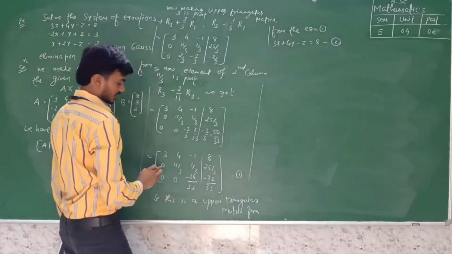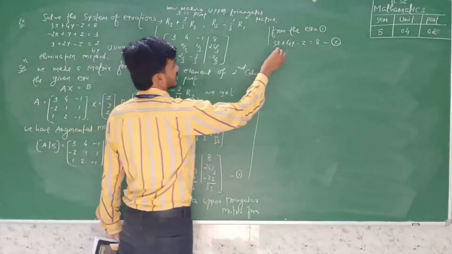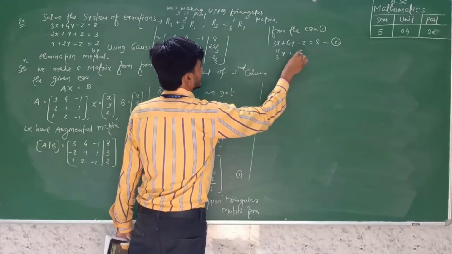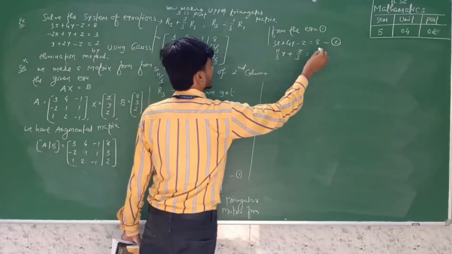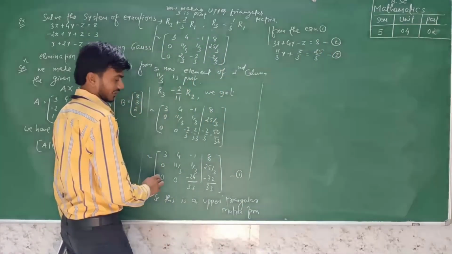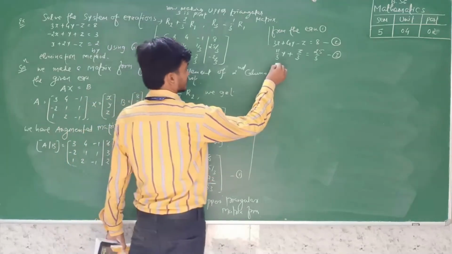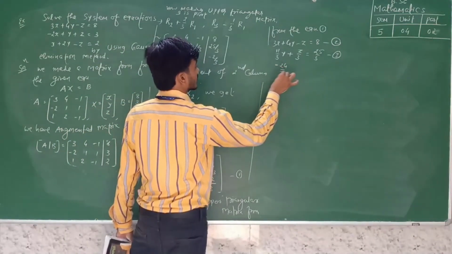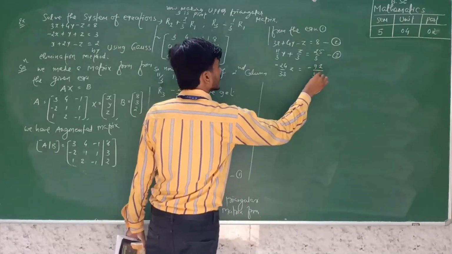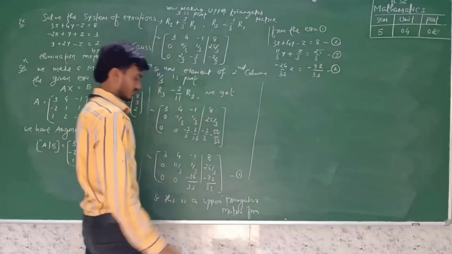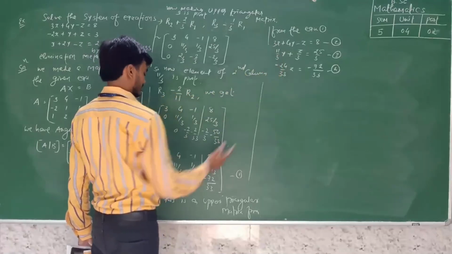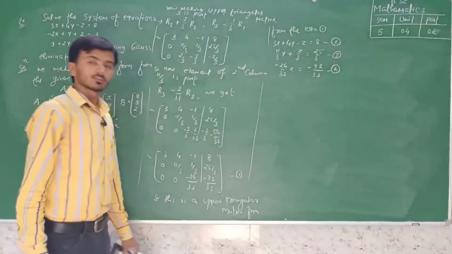Equation number 2: 0 into x, that means 0, 11 by 3 y plus 1 by 3 into z, that means z by 3, is equal to 25 upon 3. Equation number 3: 0 into x plus 0 into y plus minus 24 upon 33 z is equal to minus 72 upon 33. We can directly write this type of equation from this upper triangular matrix.